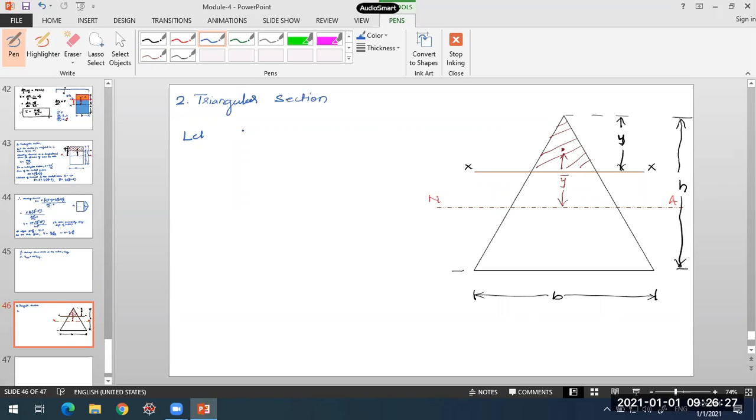Again, let F be the shear force at the section within the beam.